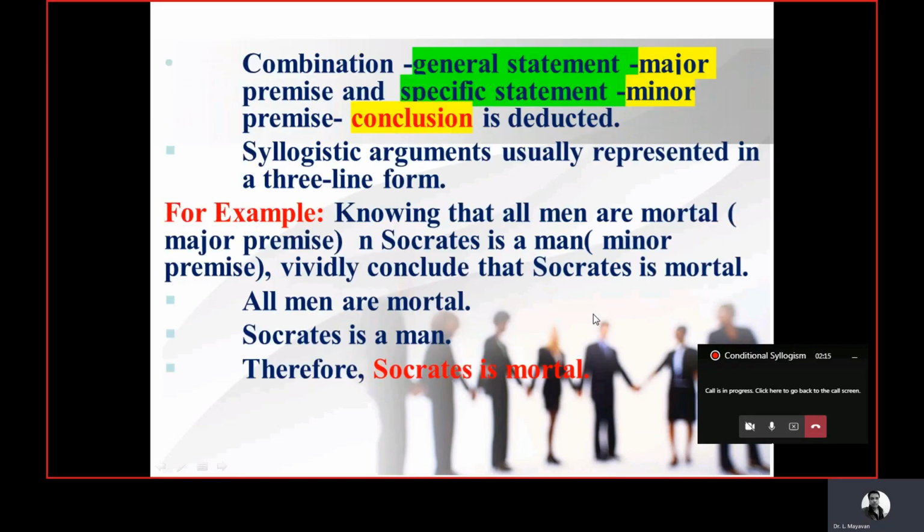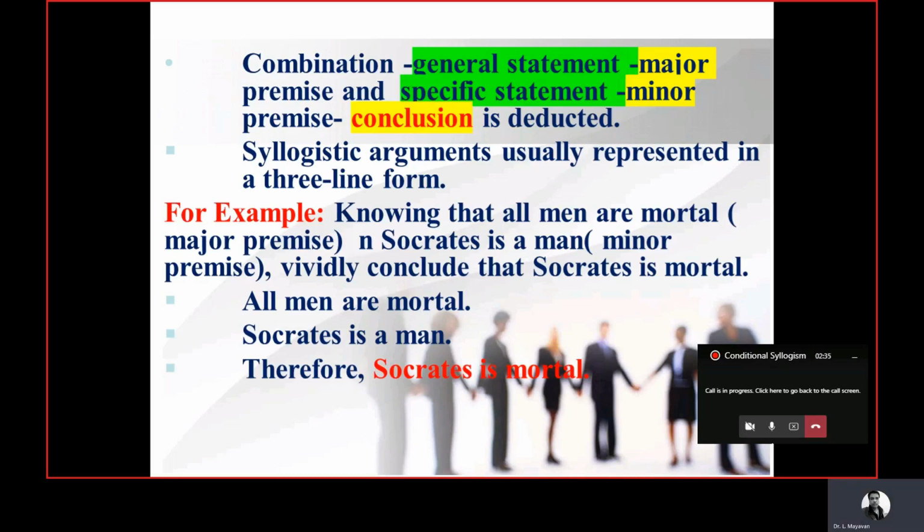The syllogistic statements are the combination of general statements. It consists of a major premise, a specific statement, and a minor premise, and a conclusion is deduced based on the major premise and the minor specific statement, the minor premise.